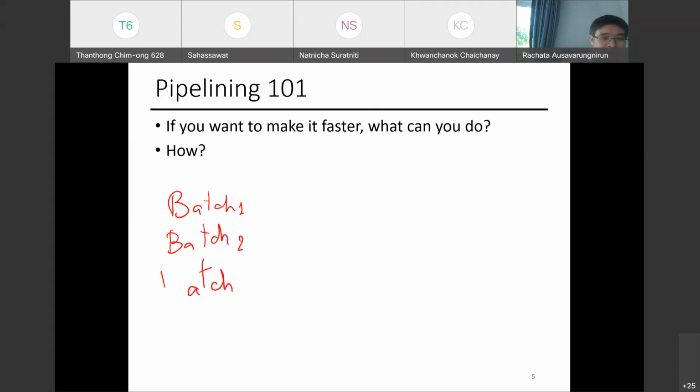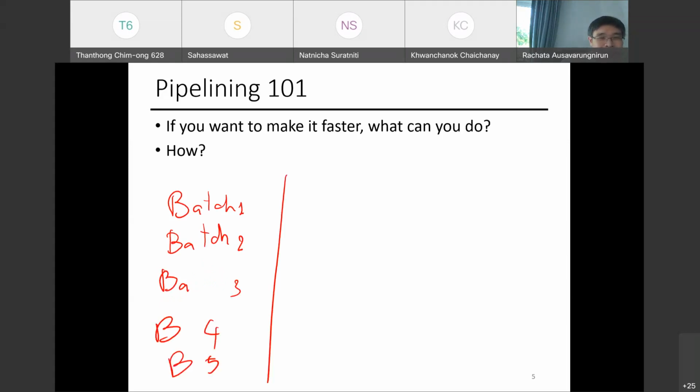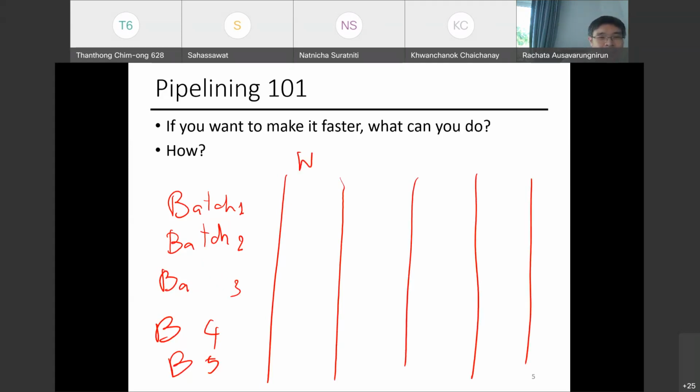Okay, I'm fighting with PowerPoint. I'll just say B4 and B5, all right? Because somehow I cannot write the word batch. I wash the clothes. Once I'm done with batch number 1, I put them in the dryer.